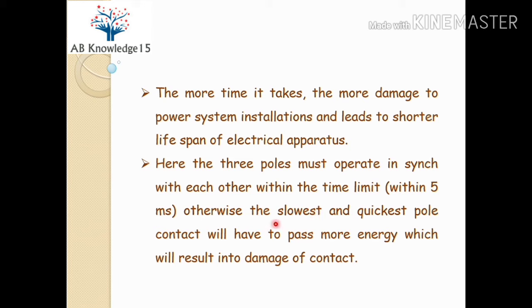So in that moment, the quickest pole and the slowest pole, the third pole, will have to pass more energy. So due to it, it will result into damage of the contact. So that's why there is requirement to operate the three poles in sync with each other.